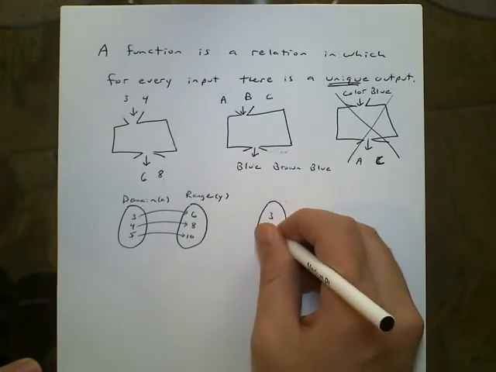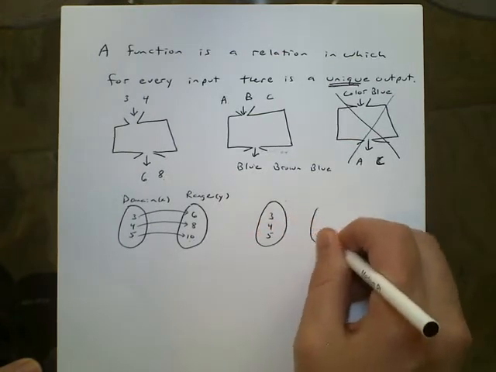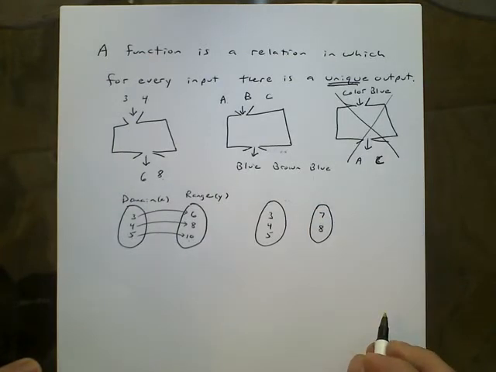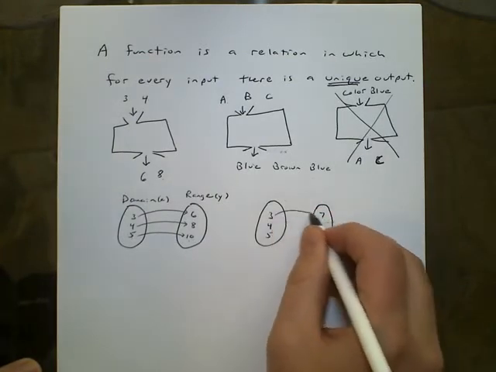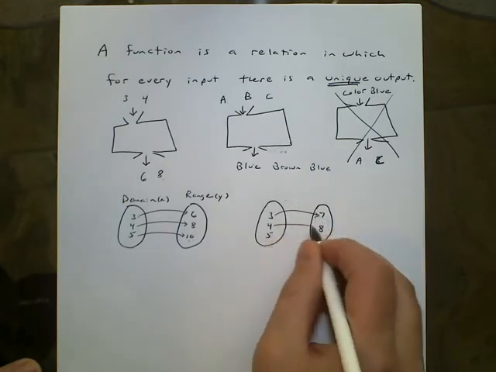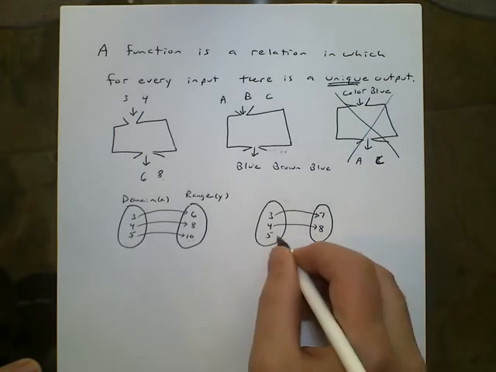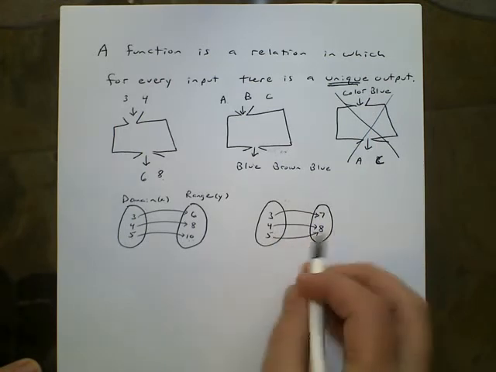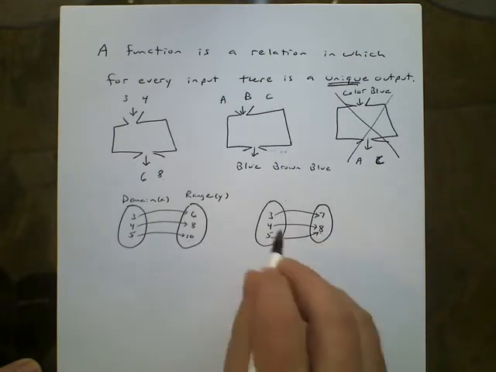As opposed to something like this. If we had 3, 4, 5, something like this, where we put 3 into the function, and it gave us a 7. We put 4 into the function, it gave us an 8. We put 5 into the function, it gives us an 8. Now that's okay, because every time you put in 5, you're going to get an 8. Here would be the problem.